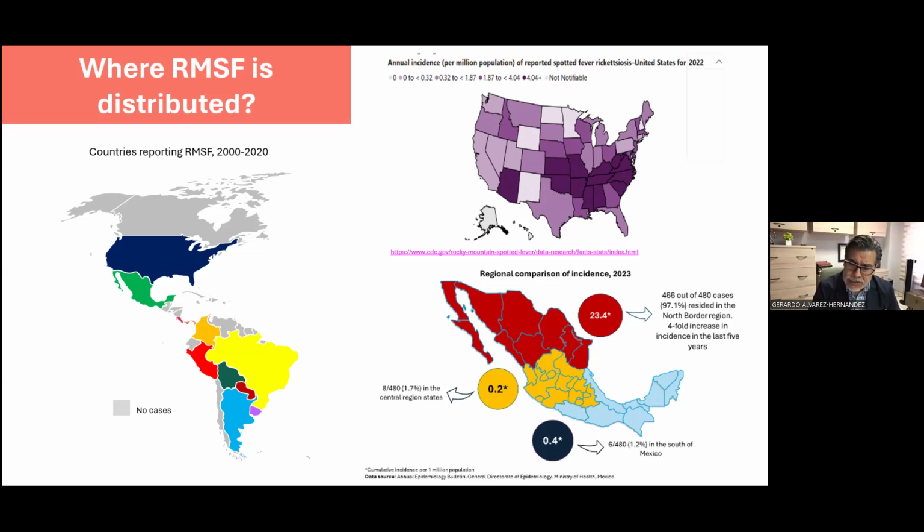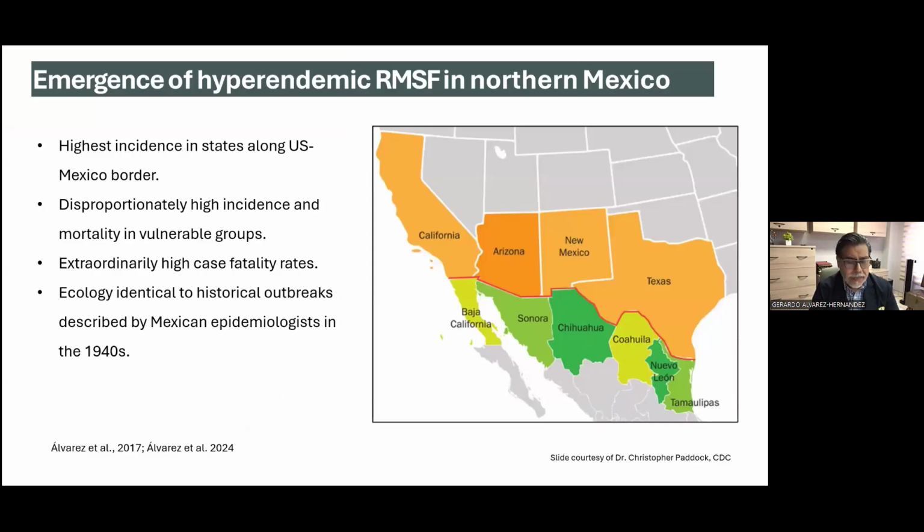In the northern region of Mexico, there is a high incidence of over 20 cases per 1 million inhabitants.